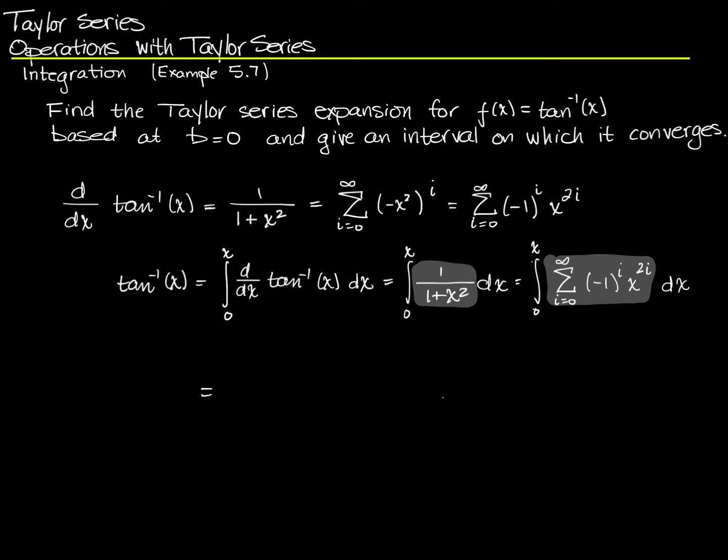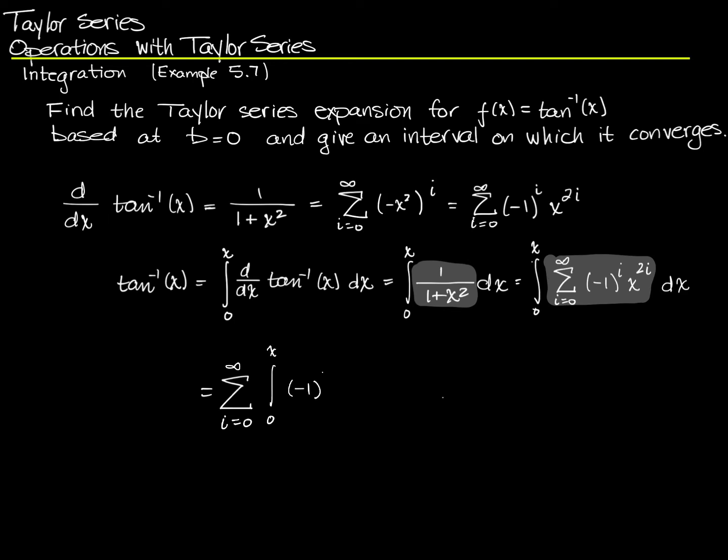Well, now what I have is the integral of a sum, and that's equal to the sum of an integral. Just like the derivative of a sum of terms is the sum of the derivatives of those terms, the integral of a sum of terms is the sum of the integrals of those terms. So I can put my integral inside.